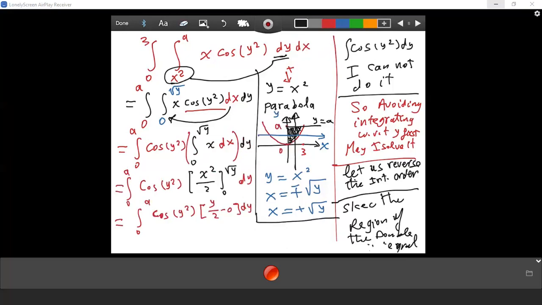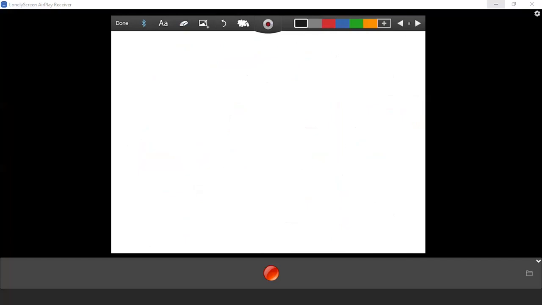Let u equal y squared. So again, du will equal 2y dy, right? So y dy will equal du over 2, okay? So I will have the integration from 0 to a for cosine u, du over 2, right?